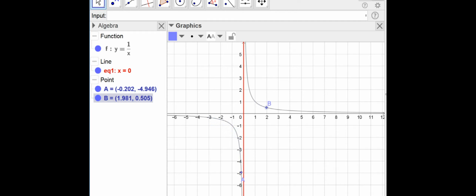If I put my right hand on B and I start moving it towards 0, so these x values here are approaching 0 from the right-hand side, those y values are going up to positive infinity, right? Because A goes to a different value in terms of the y, and so does B, we would say that we have discontinuity here.